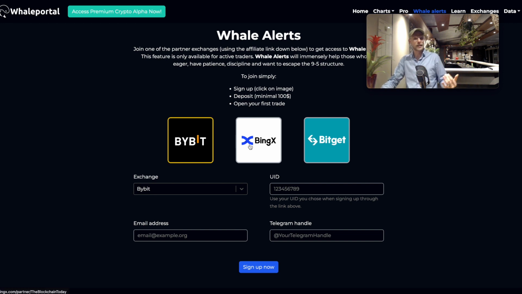BingX is a really different exchange, kind of a new kid around the block, but they offer more things than Bybit. They have also commodities, indices that you can trade. So for example, the S&P 500, oil, gold, you can all trade that on BingX with US dollar Tether. So you can just create an account, deposit crypto and trade indices like S&P 500 or even Forex.